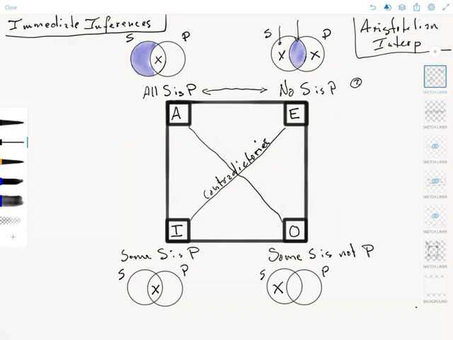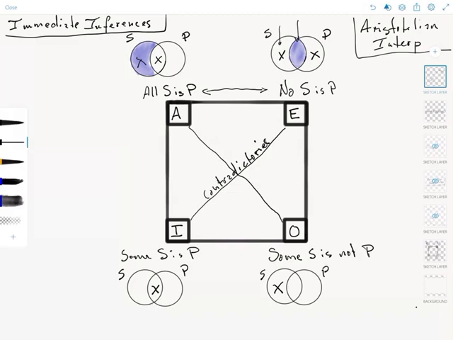Well, here's the interesting thing. If they were both false, then there's something that makes this A false, and there's something that makes this E false. But the interesting thing about that is what would make this A false is if there's an X where the shading is, and that's exactly what we have with the E, if that were true.